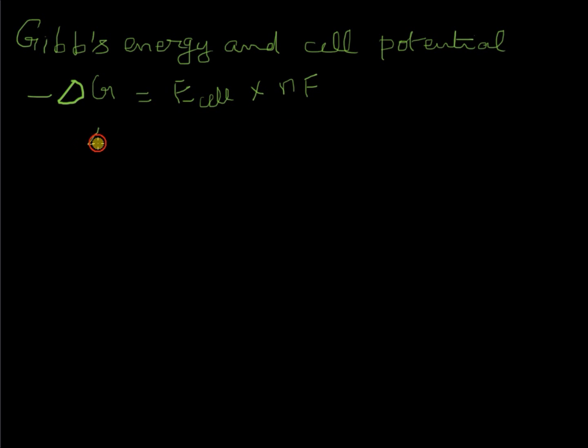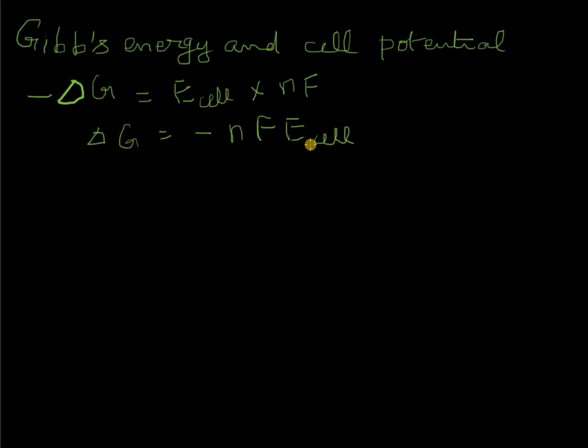So we can write it as delta G is equal to minus nF E cell. This is the second quantitative relationship that is going to be very useful in working out problems.